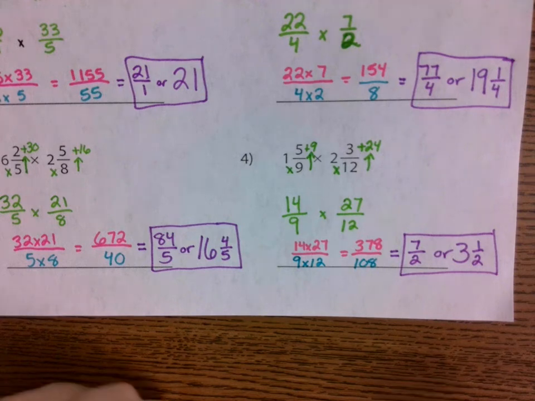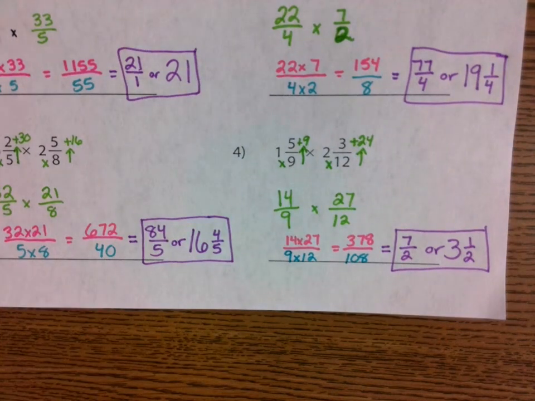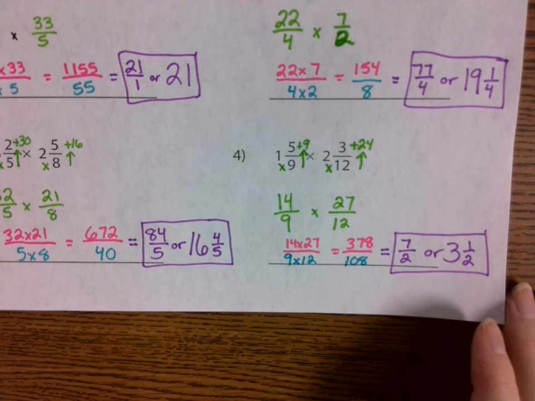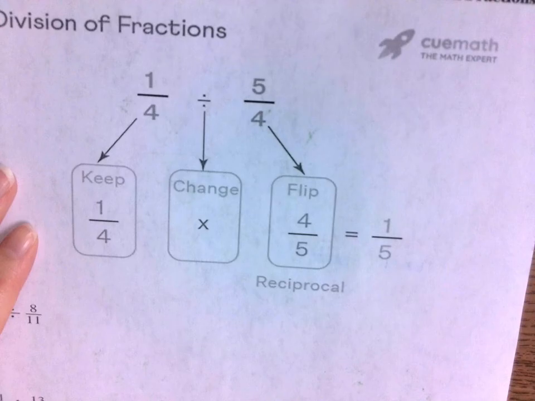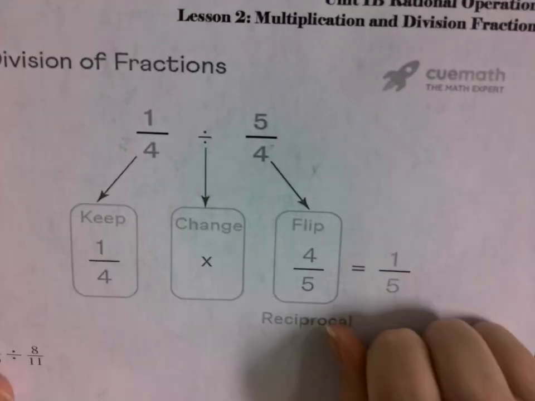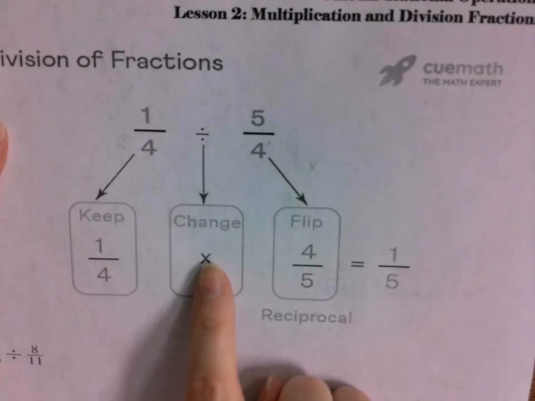Okay, the last thing that we're going to go over is division. And guys, just like with integers, we don't subtract, we actually add the opposite. With division of fractions, we don't divide, we actually multiply by the reciprocal. So when dividing fractions, you keep the first fraction, you change division into multiplication, and you flip the second fraction upside down.